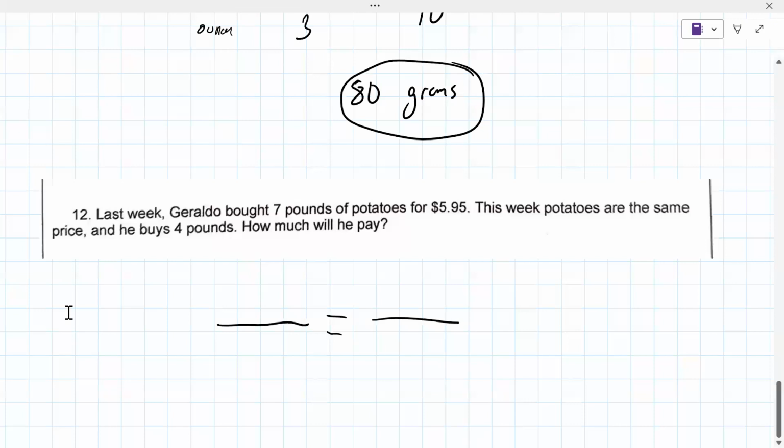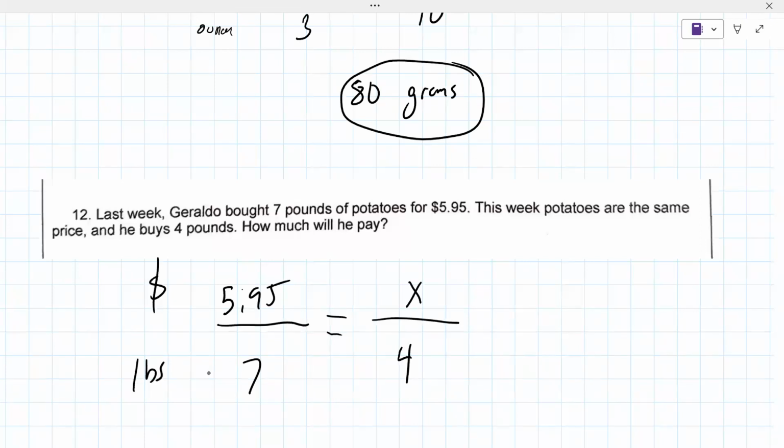So tell me what goes top left. Top left is $5.95. Bottom is 7 pounds. Top right is X and bottom is 4 pounds.